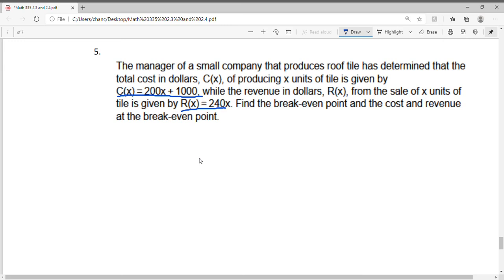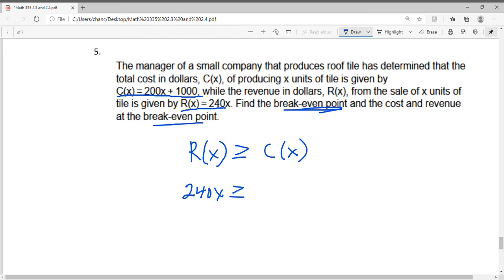Find the break-even point and the cost and revenue at the break-even point. For this question, we want to ensure that the revenue is greater than or equal to the cost function. We have 240x is greater than or equal to the cost function, which is 200x plus 1,000.